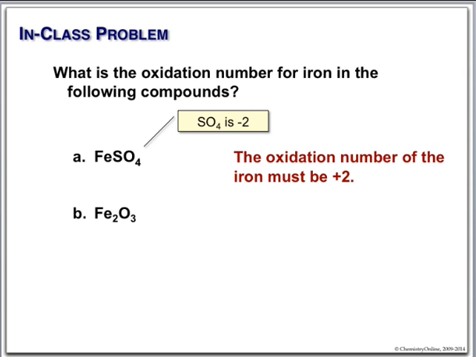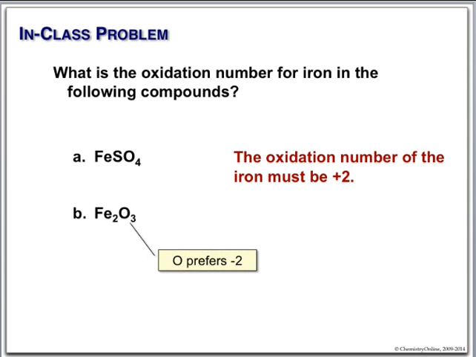And finally, here you have to do some math. Each oxygen is going to be -2, isn't it? So we have a total of 6 negatives. We have 2 irons, and they have to balance out 6 negatives. Therefore, the iron must be +3.